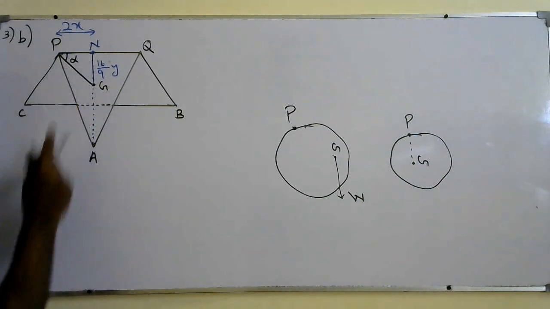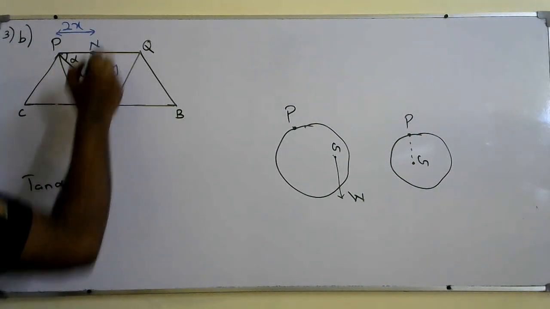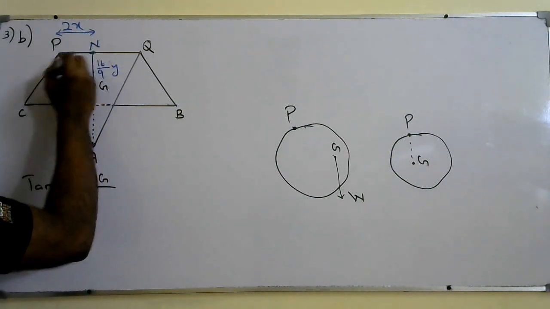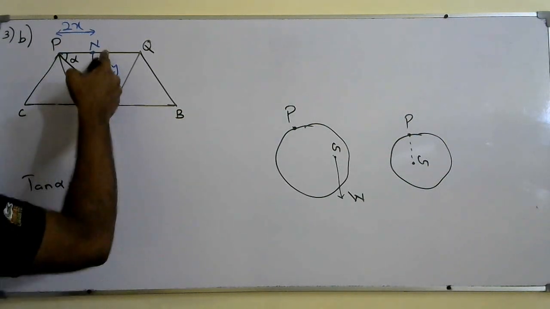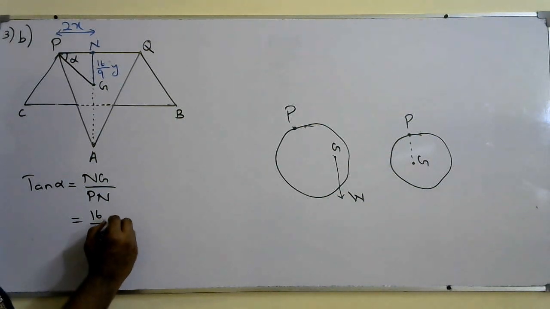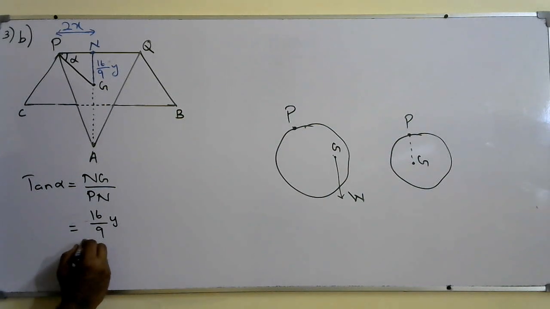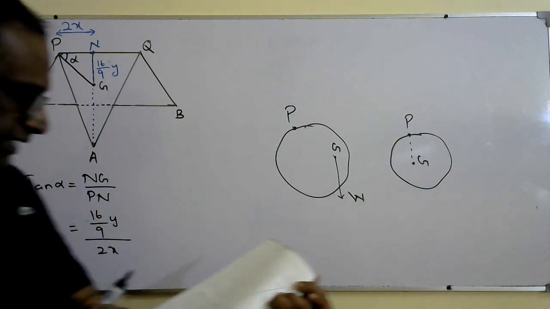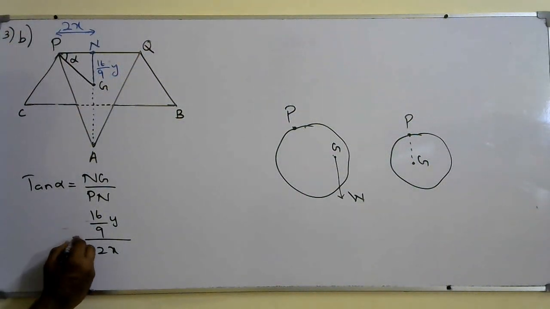So tan alpha is opposite over adjacent, NG over PN, where N is the center point I named. NG is 16 over 9y. PN is 2x. But tan alpha is given as 64 over 81.